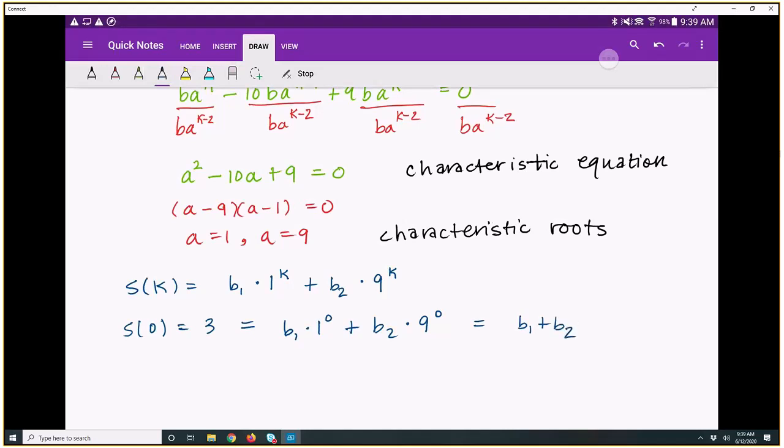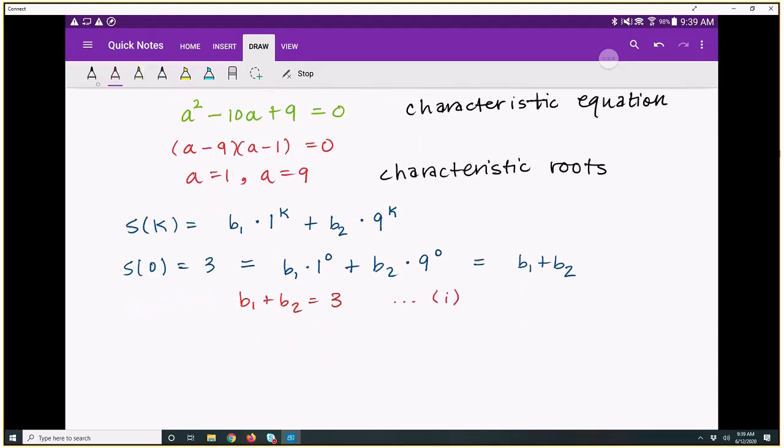So we have the equation b1 plus b2 equals 3, and I'm going to call this equation 1. Then I have s of 1 equals 11, and s of 1 is b sub 1 times 1 to the power 1 plus b sub 2 times 9 to the power 1, which is b sub 1 plus 9b2.